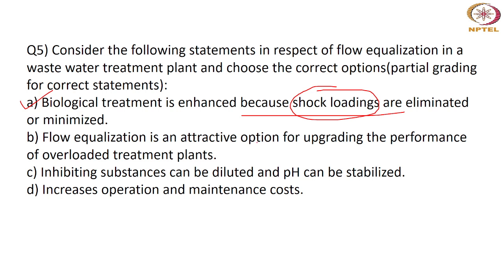Then flow equalization is an attractive option for upgrading. Suppose you have a treatment plant in your city and you want to upgrade it, then you can add a flow equalization tank. If the flow pattern is changing and you need to upgrade, you don't want to build another treatment plant. And then inhibiting substances can be diluted because more water is coming, and pH can be stabilized.